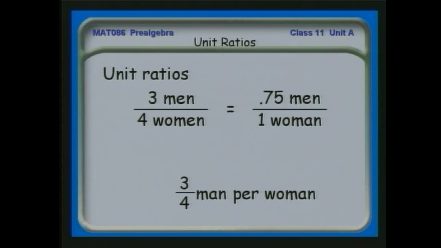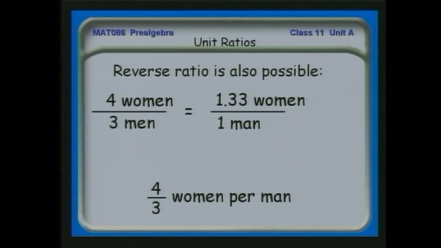I won't go any further with this other than to use it as a mathematical example. Just wanted to show you, and I didn't talk about the situation. But we can say that we can now talk about how many men we have to 1 woman. That type of a calculation is called a unit ratio.